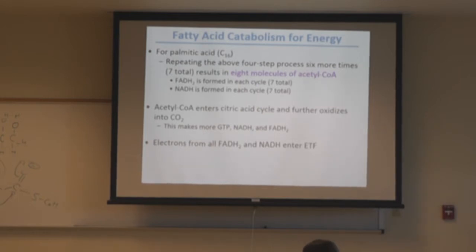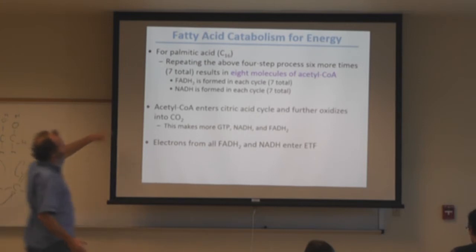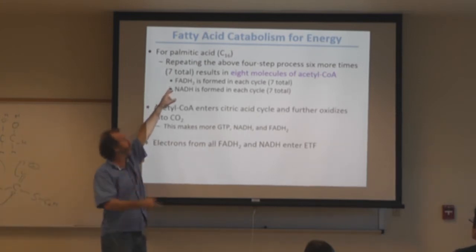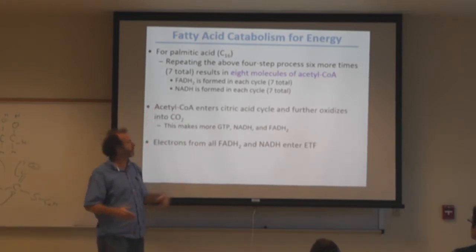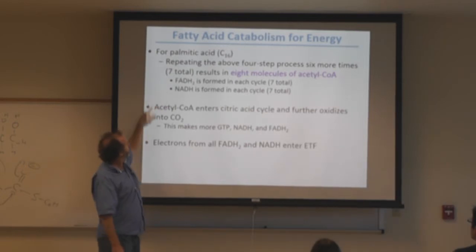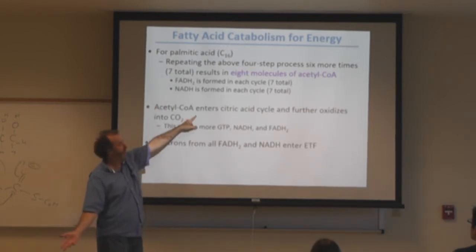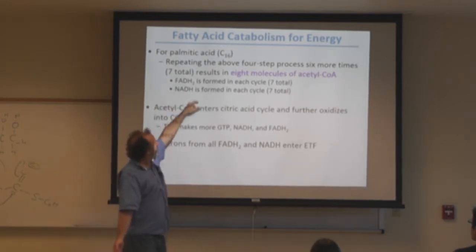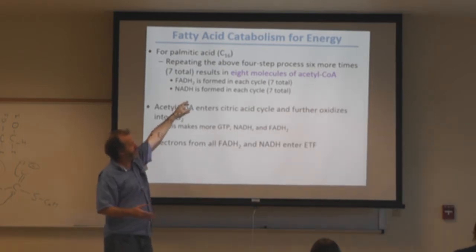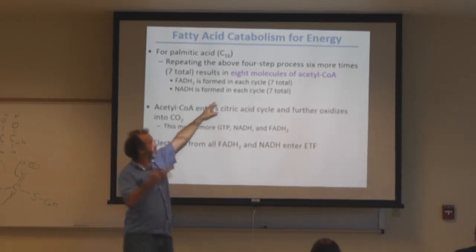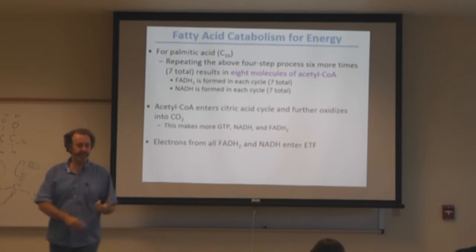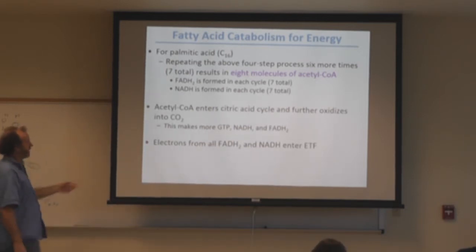So for palmitic acid, repeating the 4 steps 6 more times, you get 7 steps that go through that before you end up with acetyl-CoA left. FADH2 is formed in each cycle, so that's 7 total. NADH is formed with each cycle, so 7 FADH2s and 7 NADHs.